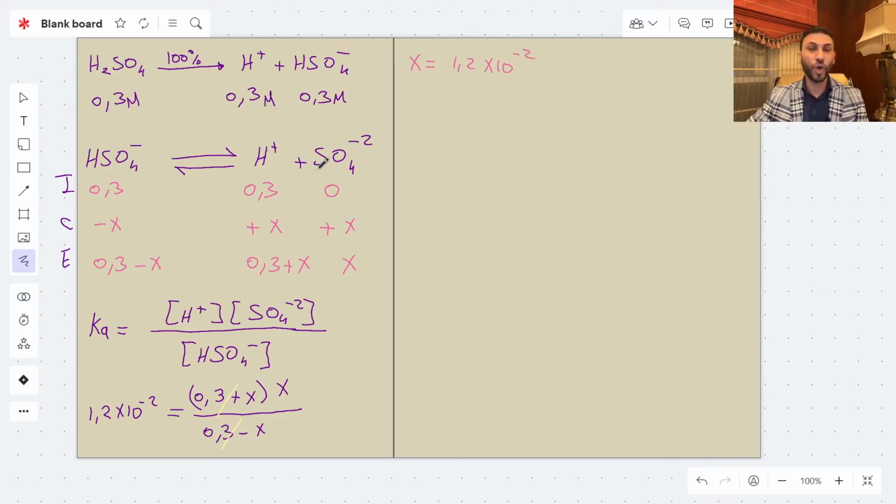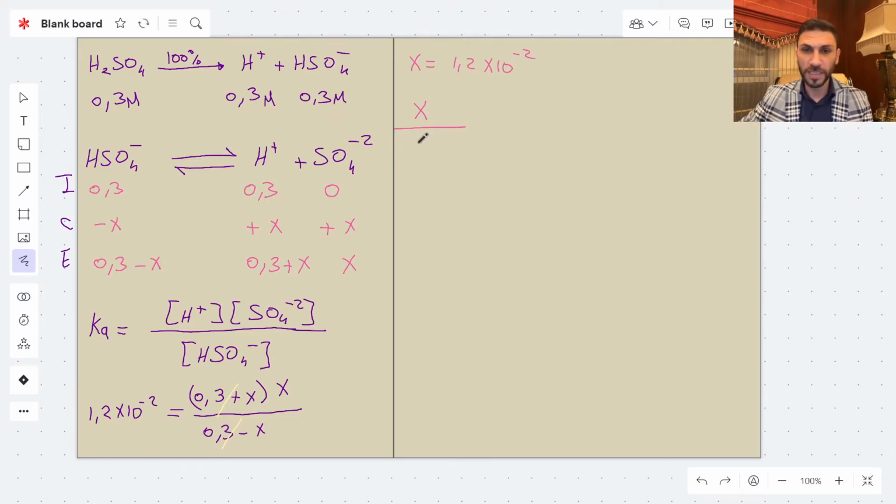But not in all cases what we can do. We need to check something called the ionization percentage, which is we take X and we divide it by the initial concentration of the acid, which is here 0.3. So I'm going to divide it by the initial concentration of HSO4 negative, and we're talking about percentage, so I need to multiply it by 100.